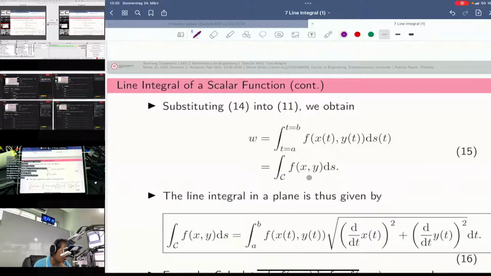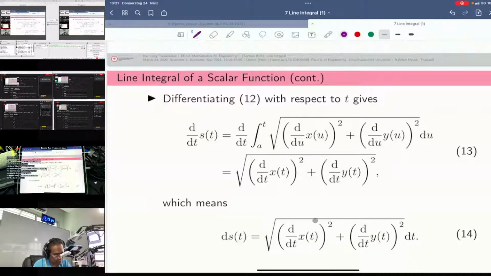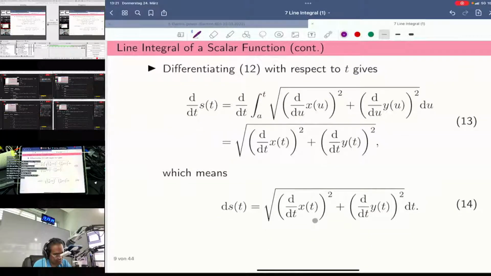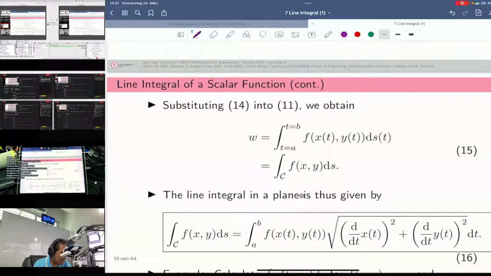Now we get the formula of the line integral. Integration along the path of the function that depends on x and y with respect to s, which is the arc-length function, ds. We're going to have the integration of f(x,y) times the square root of (dx by dt) squared plus (dy by dt) squared.